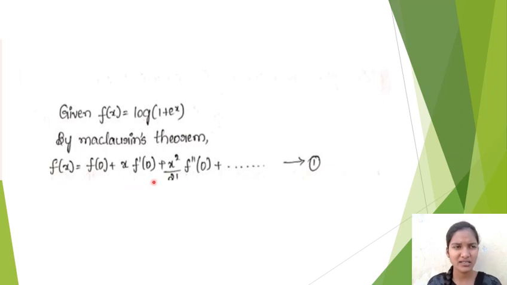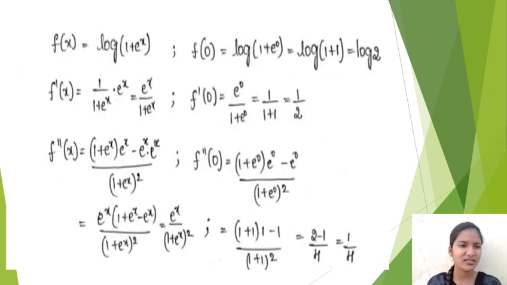We will consider this as equation 1. Next we have f(x) = log(1 + e^x). If we substitute 0 in this f(x), we get f(0) = log(1 + e^0). We know e^0 = 1, so that is log(1 + 1).